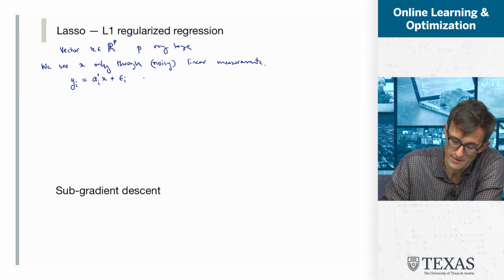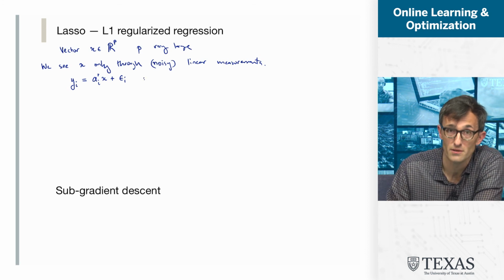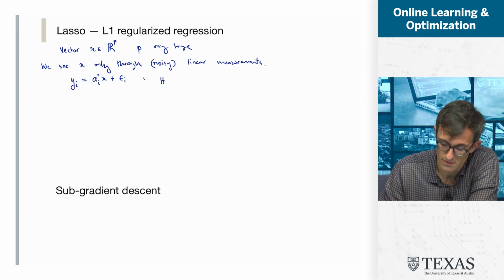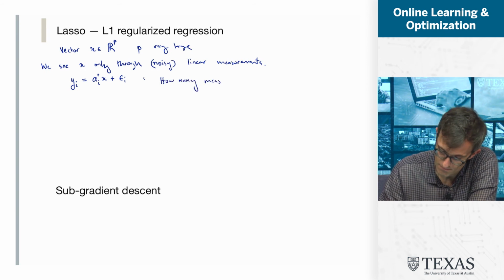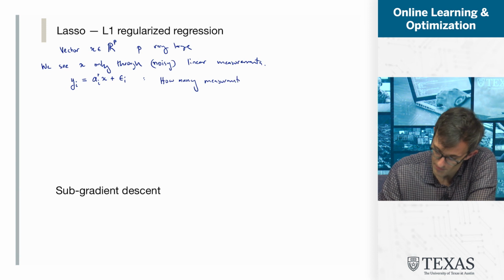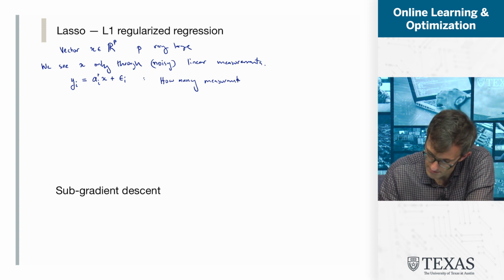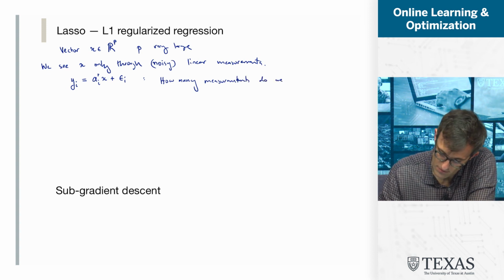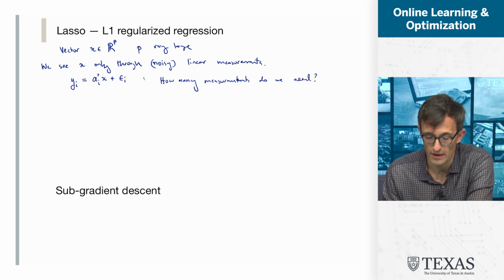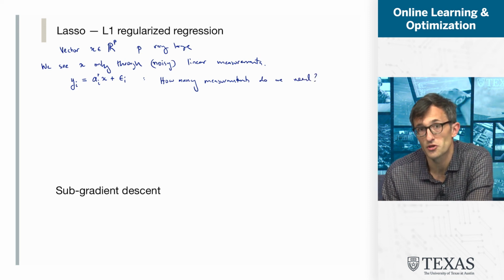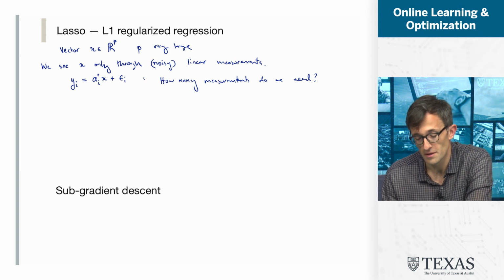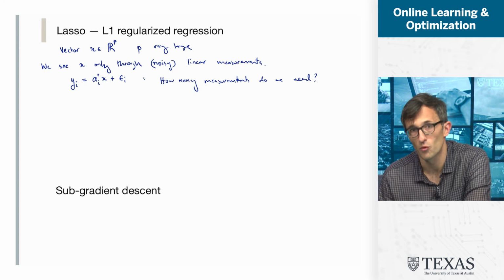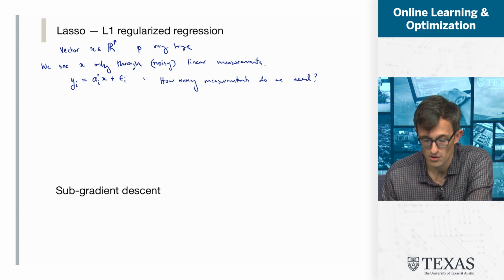So we could ask generically, how many measurements do we need? The generic answer is, if I have a p-dimensional vector and I'm making linear measurements, then I need one measurement, in other words one equation, for each unknown, and possibly a little bit more because I have noise.